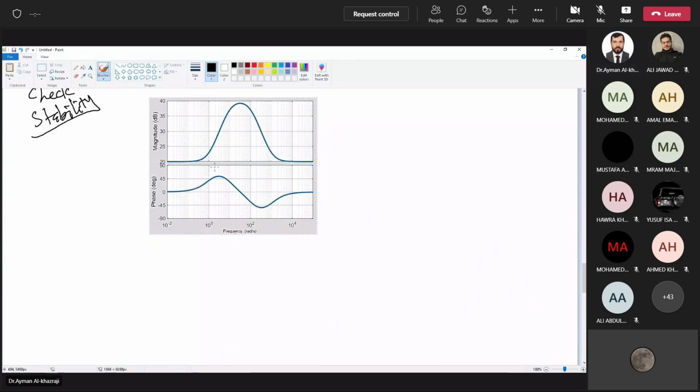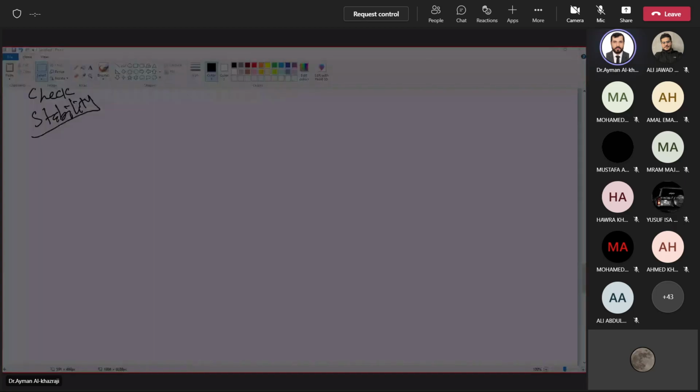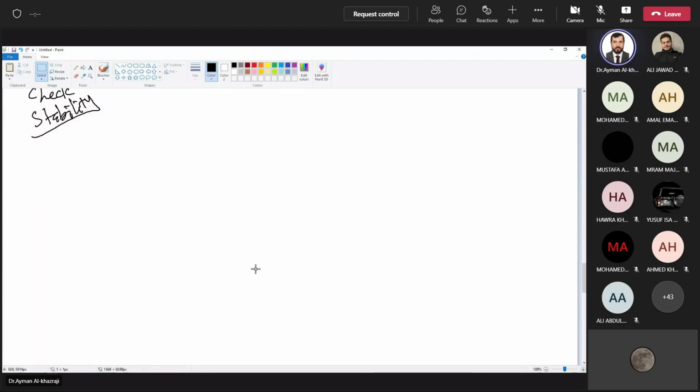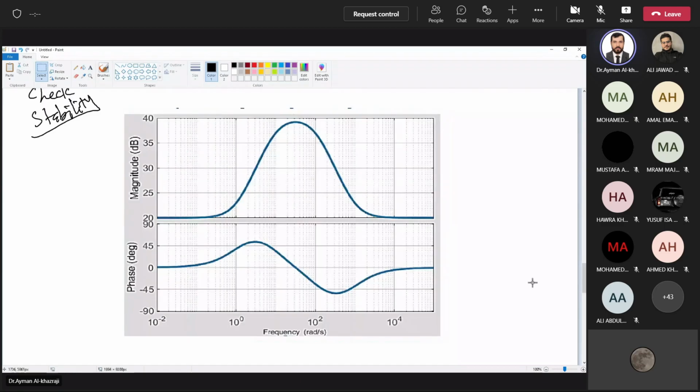So I have this system. I will make it larger like this. Okay, is this system stable or not? Now, how can we check stability?